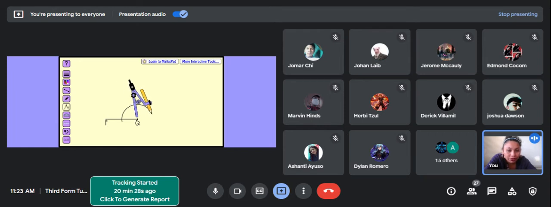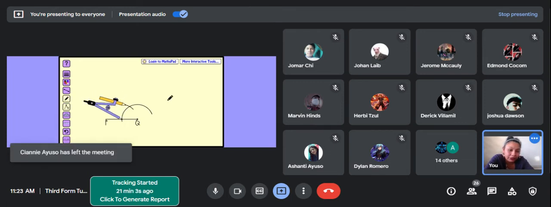Do not open and close your compass as yet. All you do is just do an arc like that. Everybody has that? Then you're gonna take your compass, the same measurement, set it where these two intersect, and draw another arc over here.